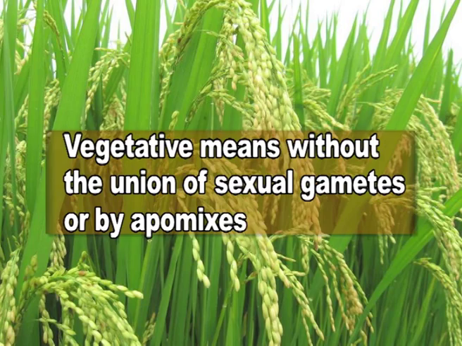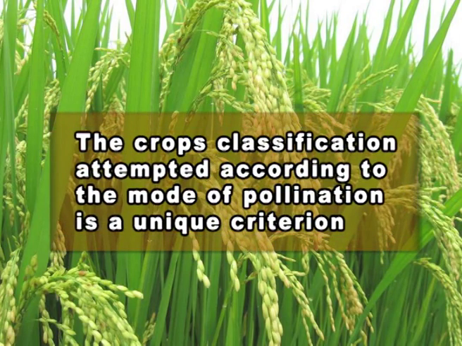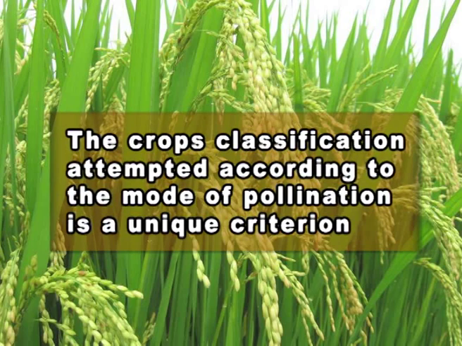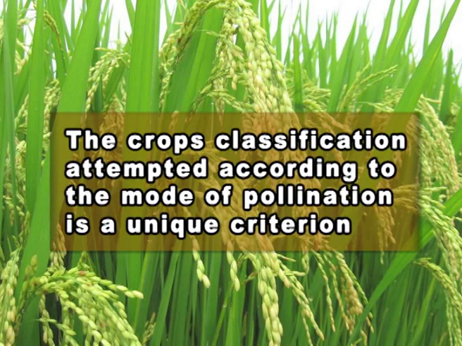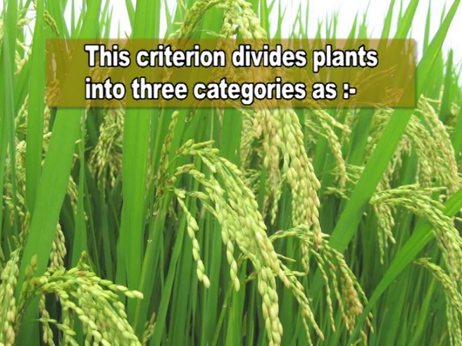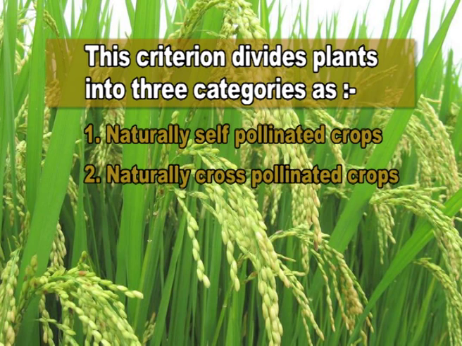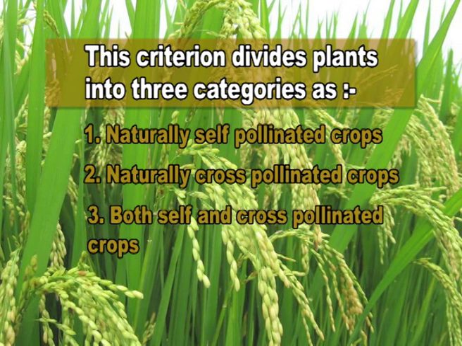The crop classifications attempted according to the mode of pollination is a unique criteria. This criteria divides plants into three categories as naturally self-pollinated crops, naturally cross-pollinated crops, both self and cross-pollinated crops.